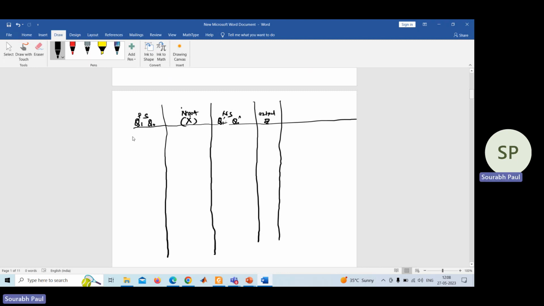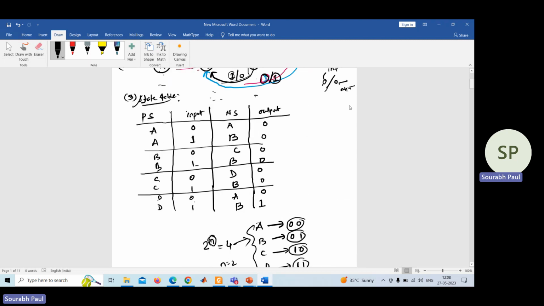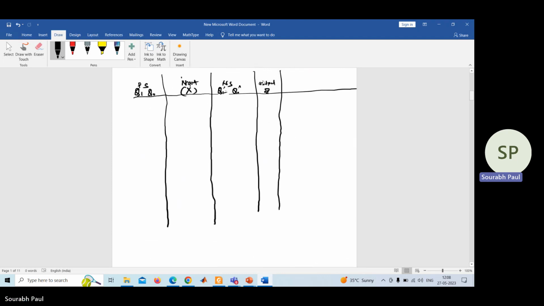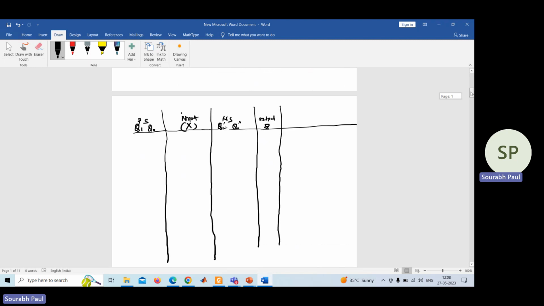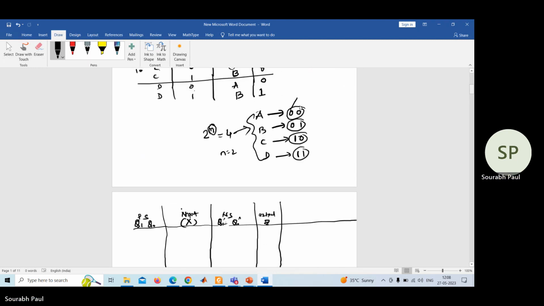So I'm replacing the values of A, B, C, D, whatever I have found out in this table. I have to just replace A by 00, B by 01, C by 10, and the same thing I need to follow for these values also. And as you have 2 bits, how many flip-flops will be required? 2 flip-flops will be required.